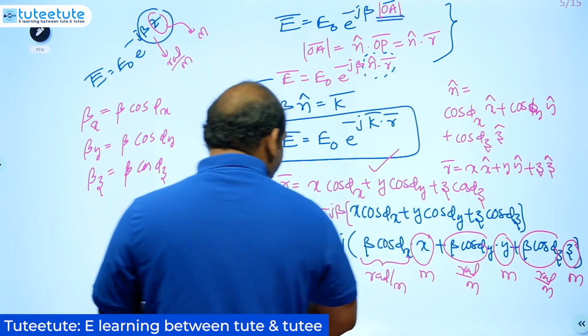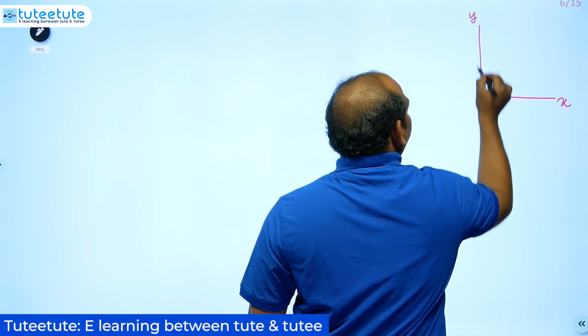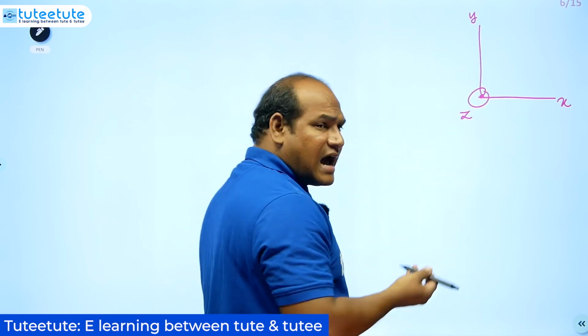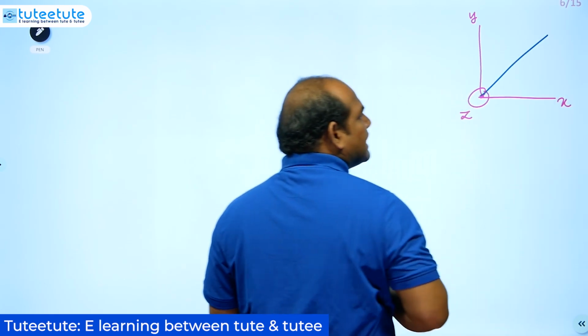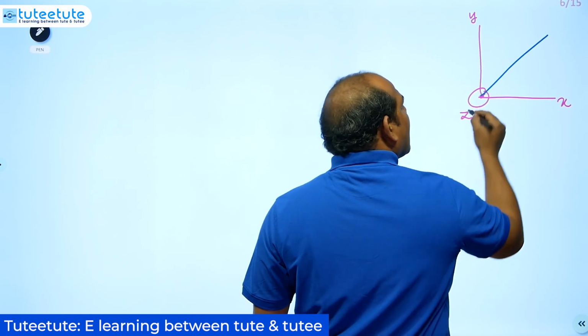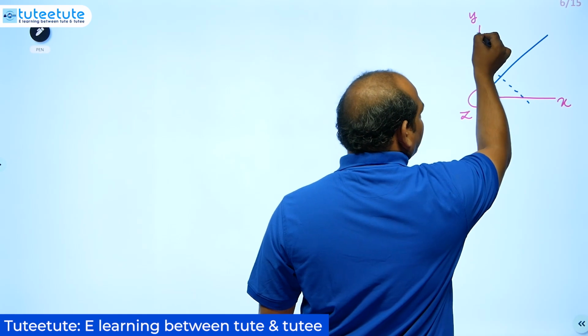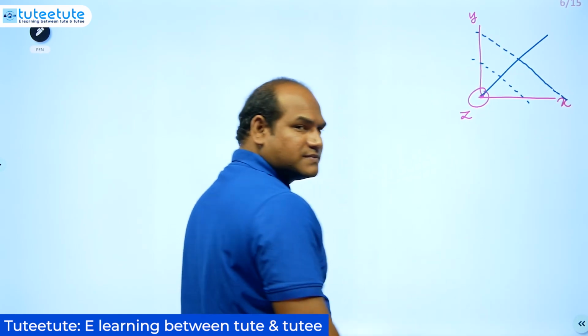Here you see this is x direction, for example, y direction, and z is coming out of the board. Simply we will take like this. And already I have mentioned many times that the wave is traveling arbitrarily like this. This is the wave direction. After a certain distance, if you take the constant phase plane, the phase plane has moved towards like this.